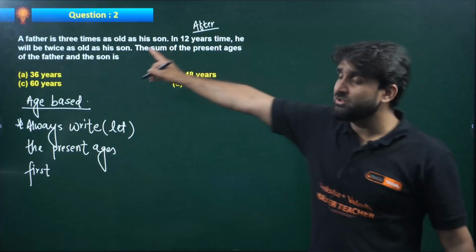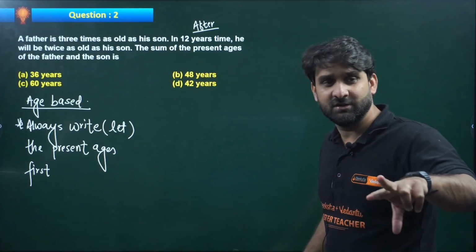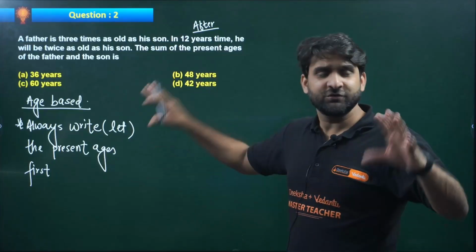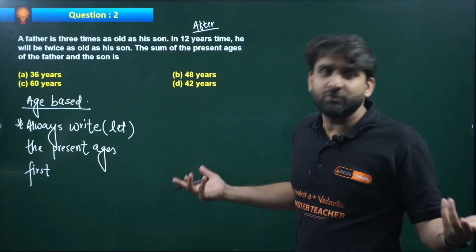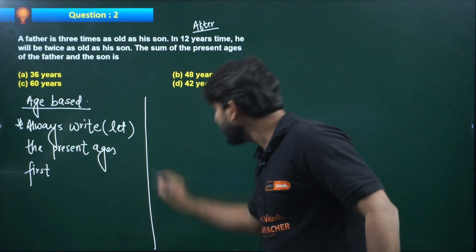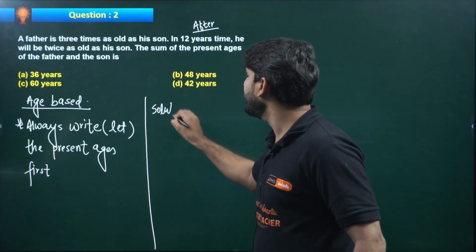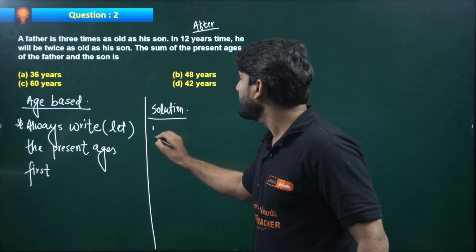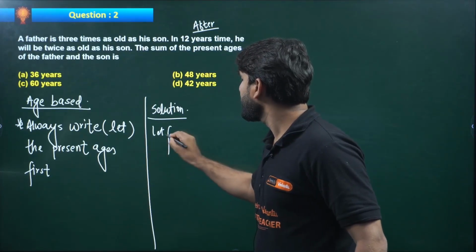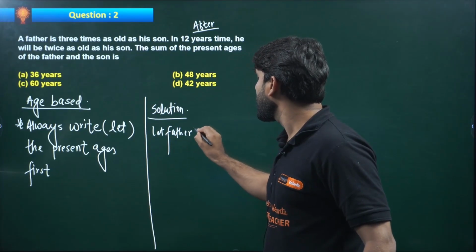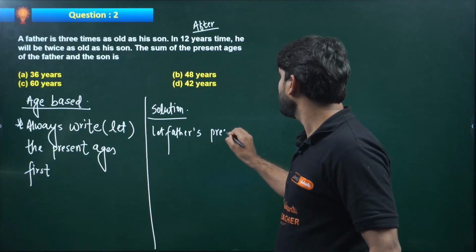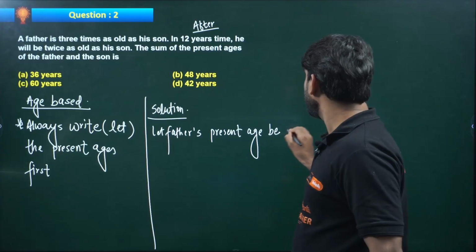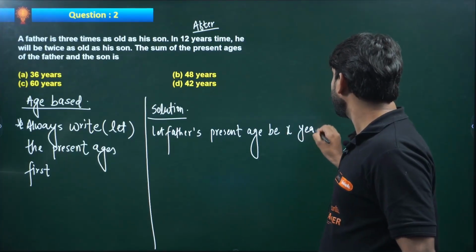How many persons are there in this question? 2 persons, father and son, and we don't know their present ages. Few pieces of information are there, few stories are there, but we don't know the present age. So I'm starting the solution from here. Please focus everyone. Solution.